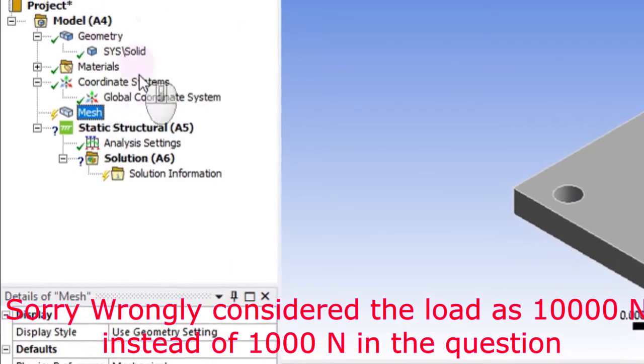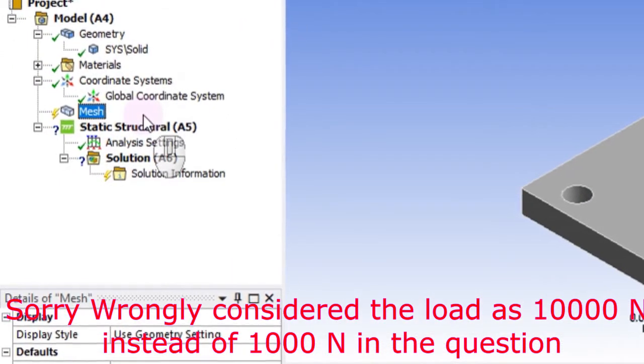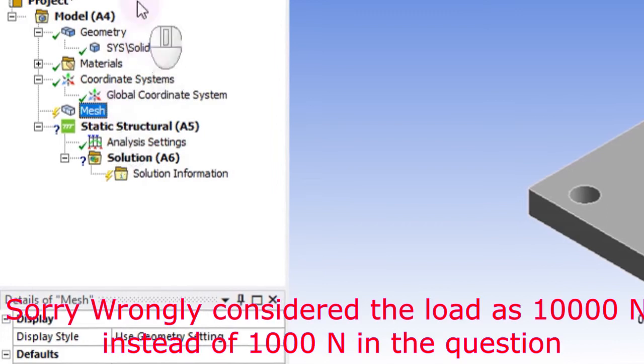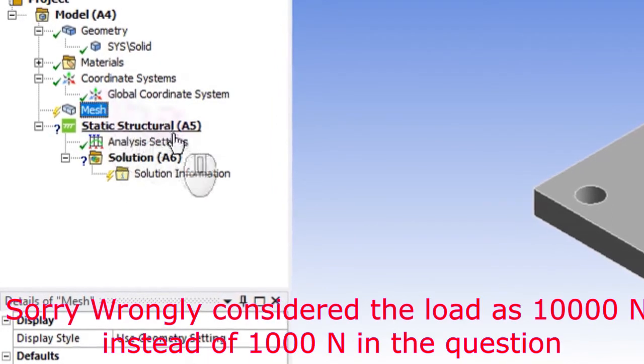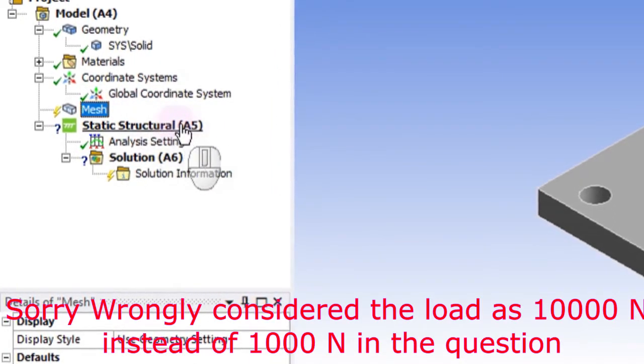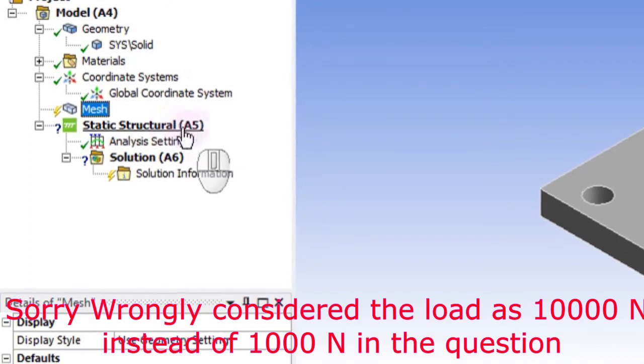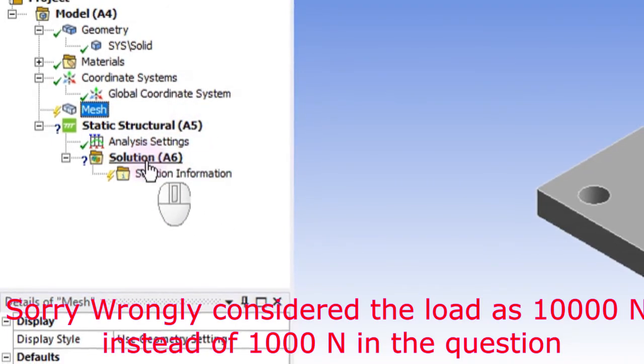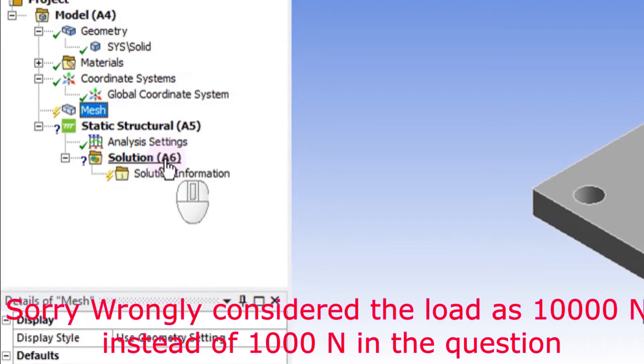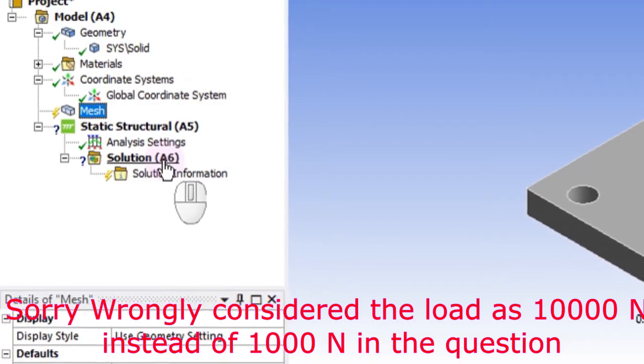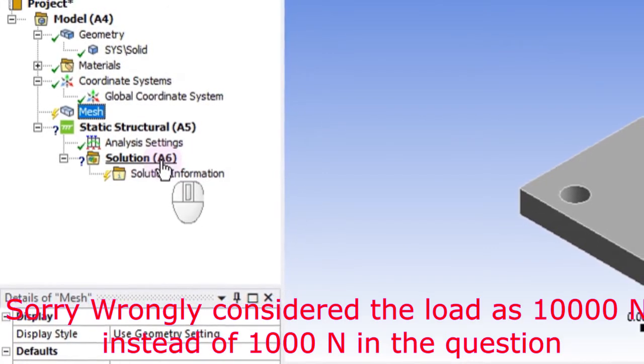We are going to mesh this automatically as we did in APDL. After that, this is your solution, where you are going to apply your boundary conditions. After you apply the boundary conditions, you can also go for the post processor here by indicating what results you are going to view.